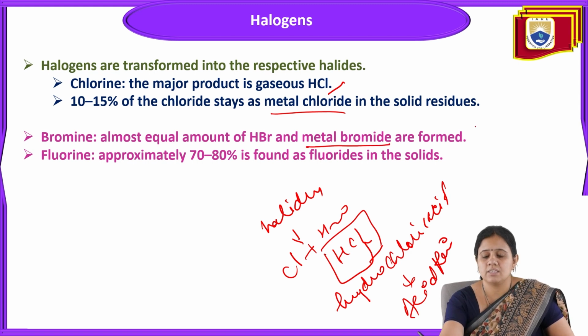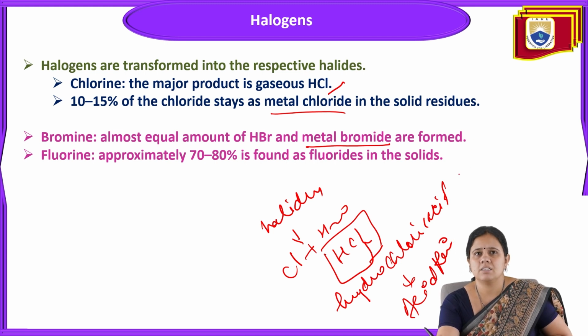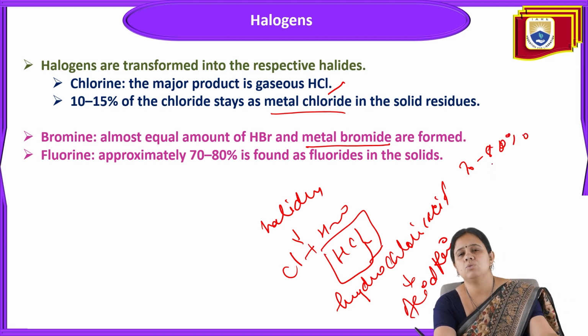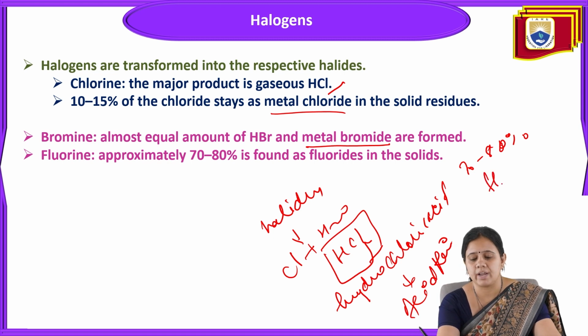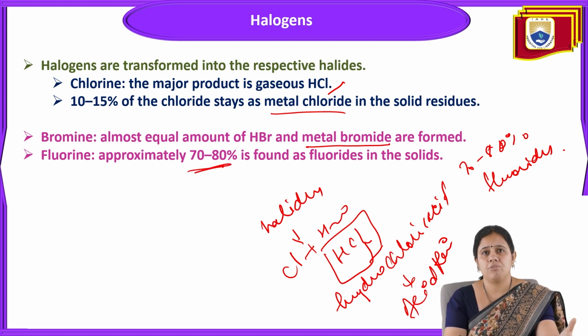With these, they can form many toxic metals. Next is fluorine. Approximately 70 to 80% of fluorine is found as fluorides in the solids.